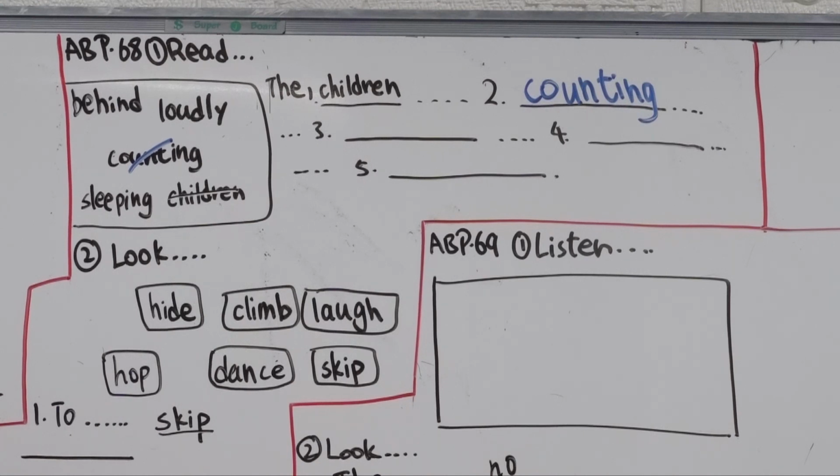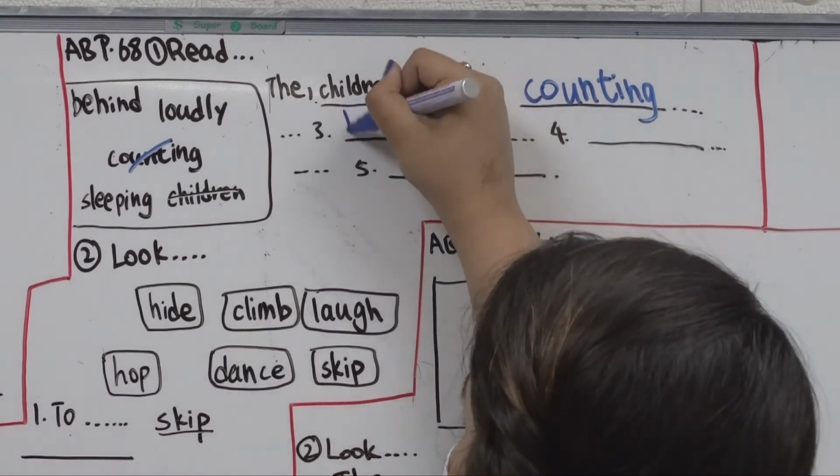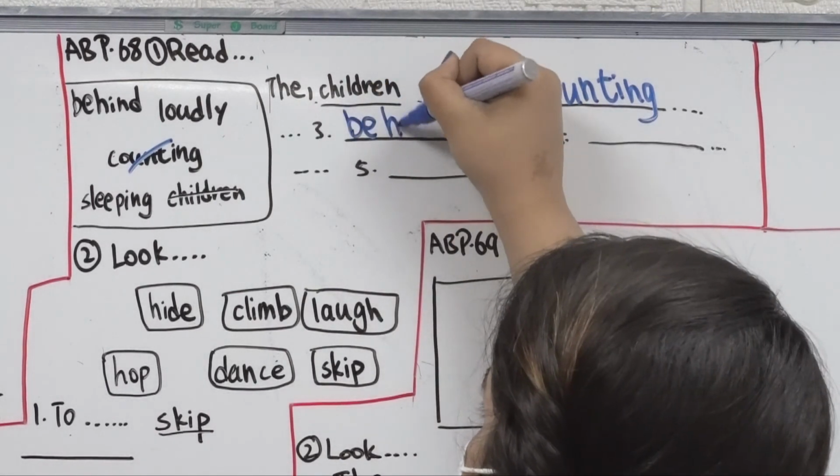Keep reading. The other children are hiding. Jane's hiding in a tree. Peter and Paul are hiding behind the bike. Of course, behind. Right?